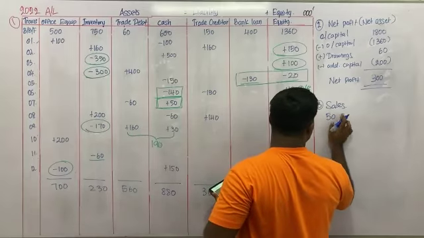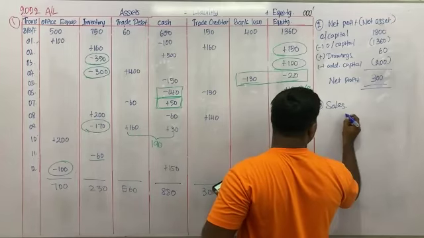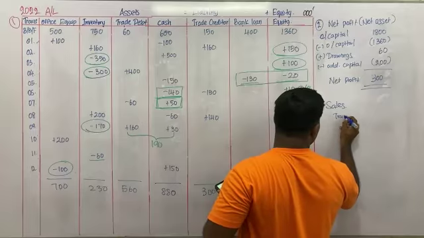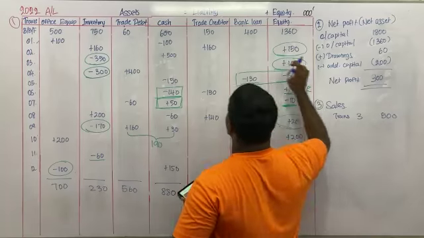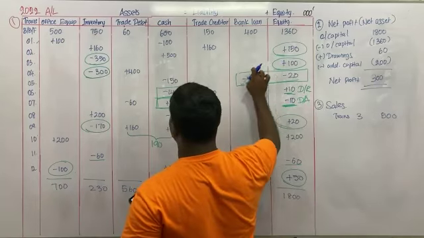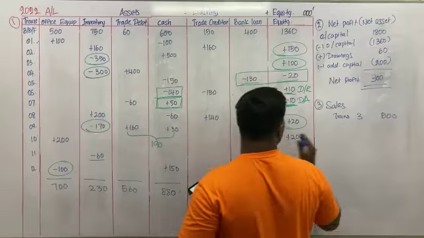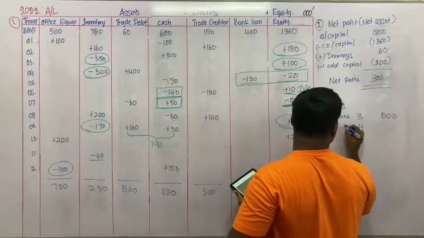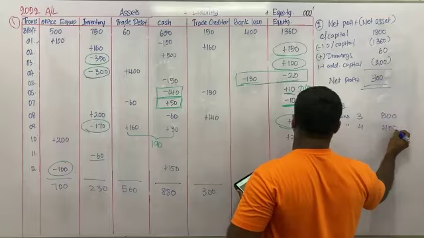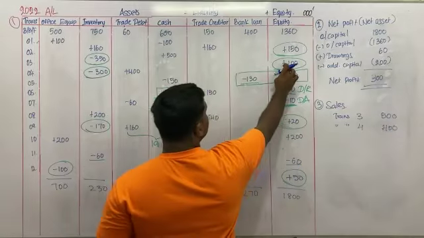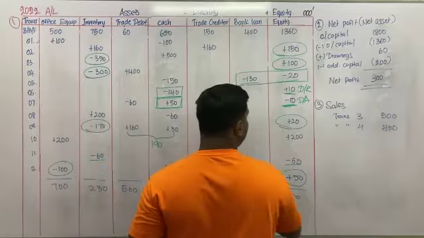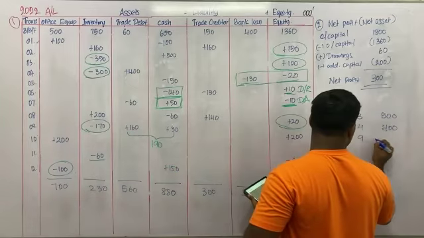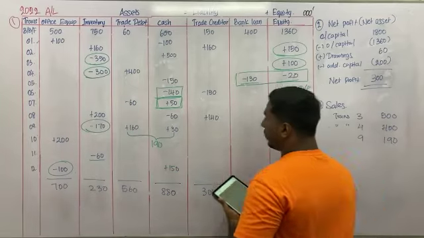500. I'll write the transaction names. Transaction number 3, 500 is the sales revenue. Transaction number 4, 400 is the sales revenue. And after that, this 190, transaction number 9, 190 in the sales revenue.